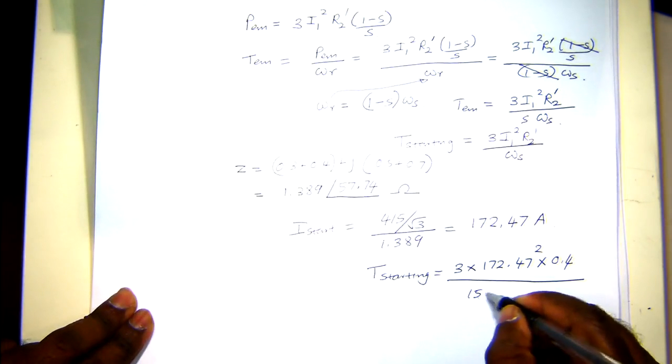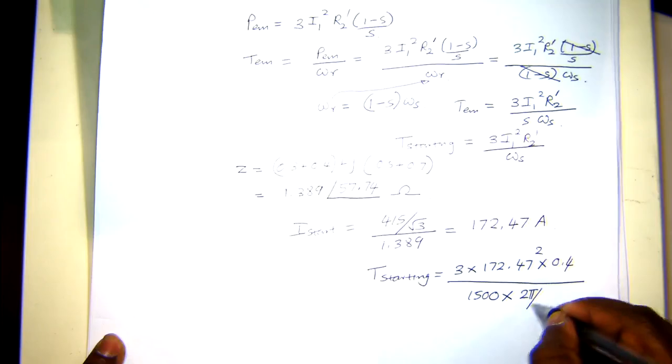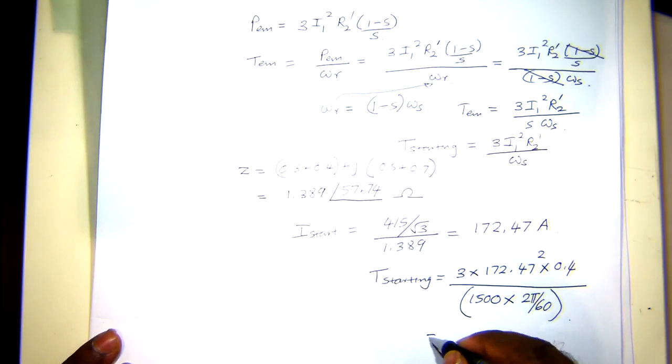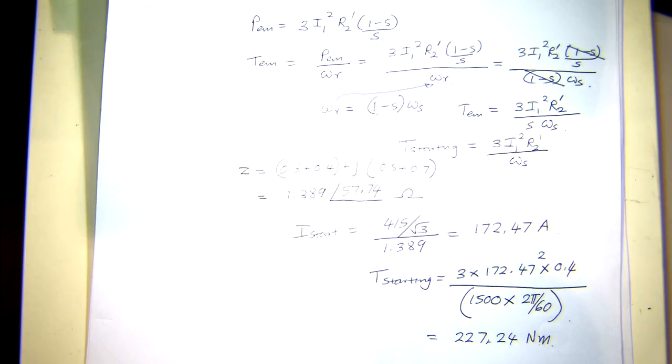So that's 1500 synchronous speed times 2 pi over 60 to get the mechanical synchronous speed. So we have 227.24 Newton meter starting torque for the given induction machine.